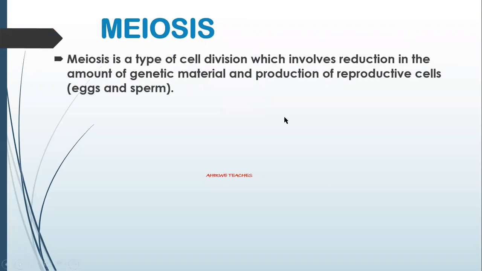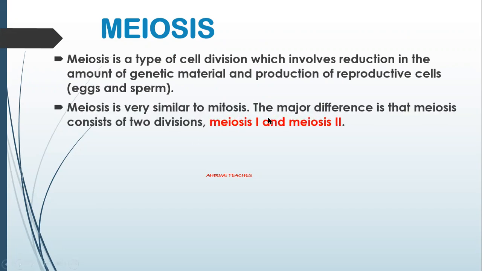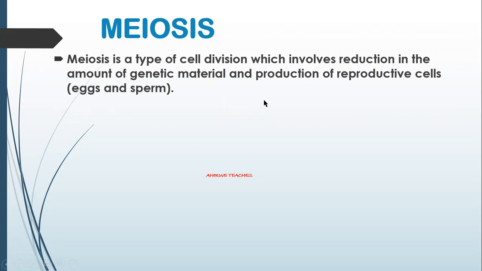Now meiosis is a type of cell division which involves reduction in the number and the amount of genetic material. One cell divides to give rise to 4 daughter cells.